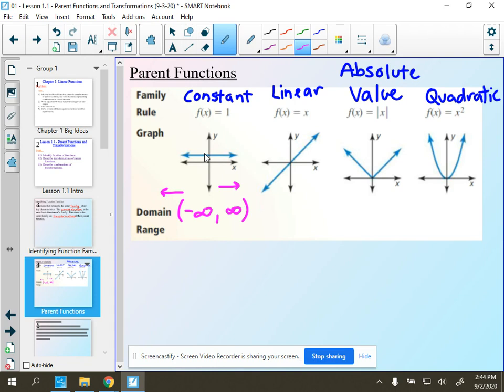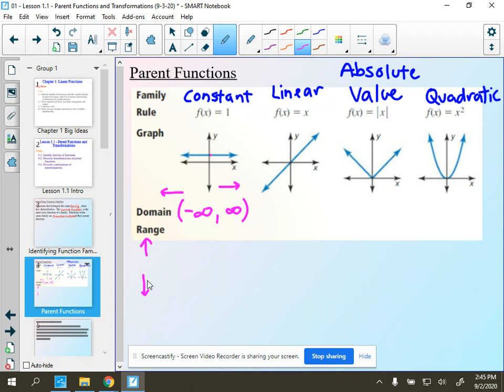Range, we need to be thinking low to high or down to up. Okay, so for range, definitely different. What is the lowest value that this graph has for an output? We can see here that f of x equals 1. What are all of the outputs of this graph? Every output of this graph is 1, right? So I'd have the point right here as 0, 1.